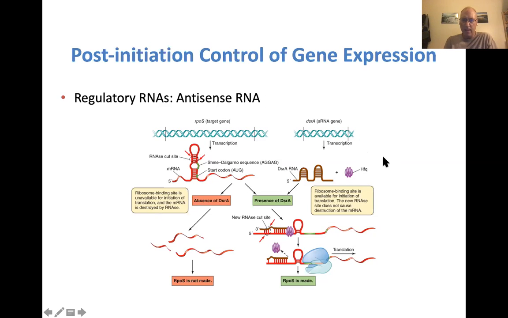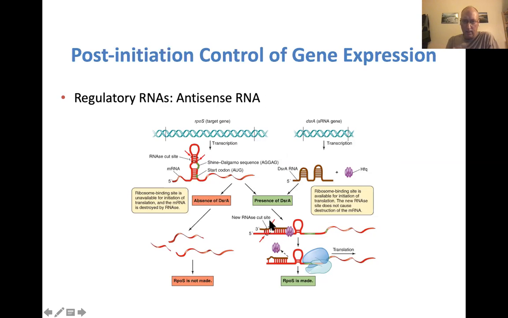If there are various kinds of stress going on, you produce some small regulatory RNAs. One of them is called DsrA. DsrA will bind to this region of the upstream region of the RpoS transcript.